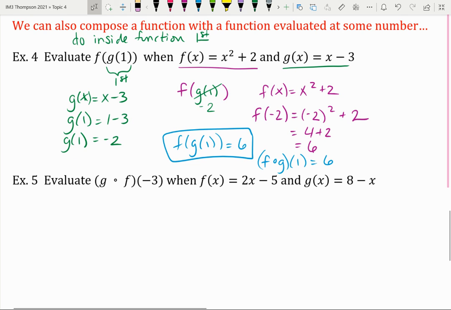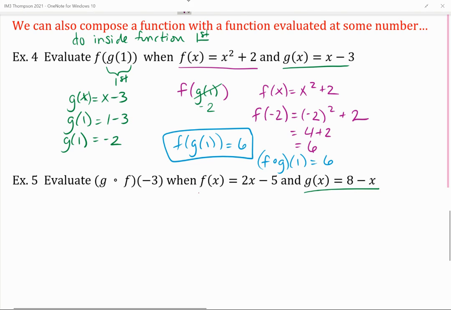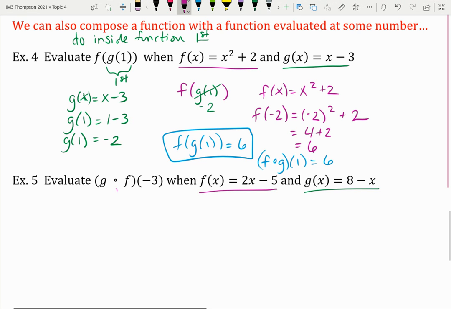And then we've got just one more to do for practice. Okay, so this one, just a different notation. Another example. I have to do what's closest to the number first.